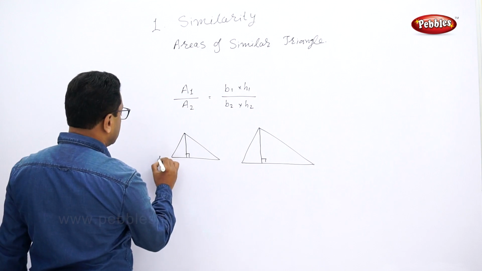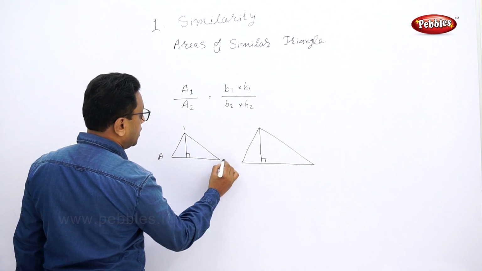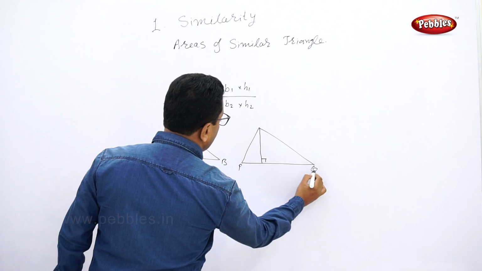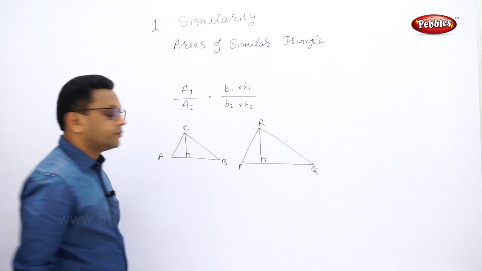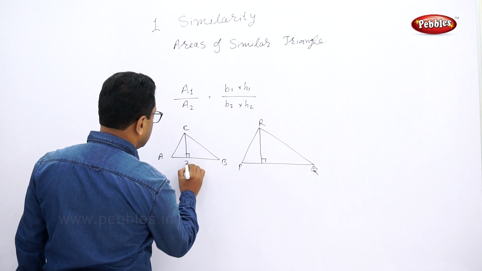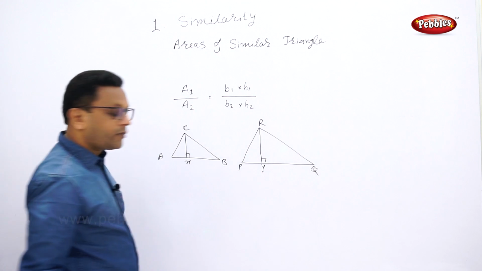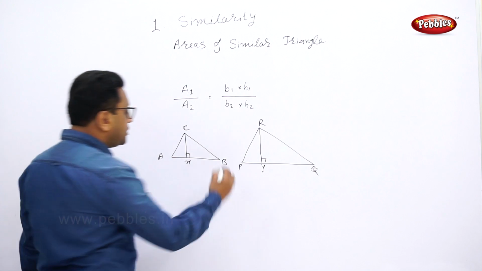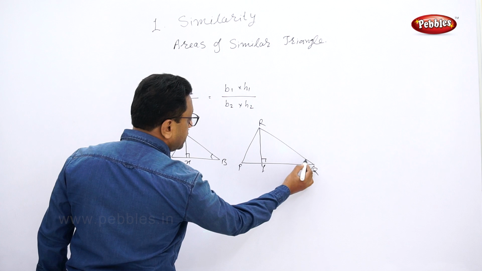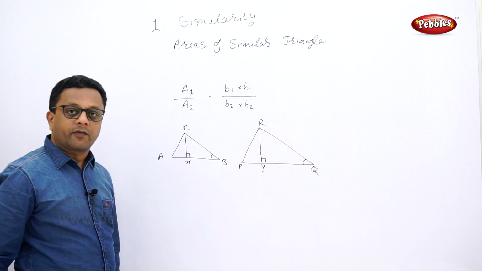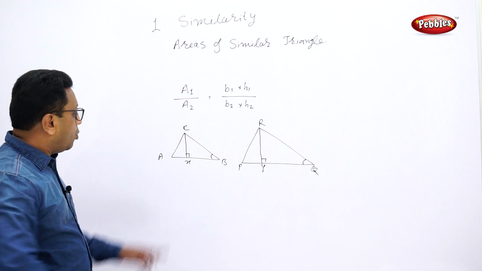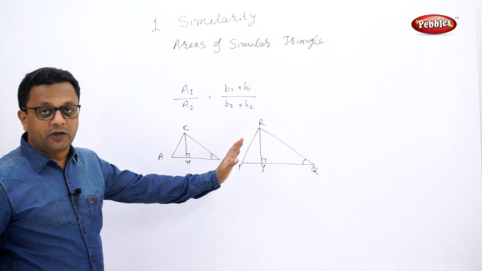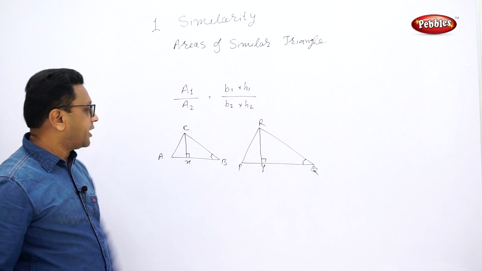Suppose I call this ABC and this PQR, and let these feet of the heights be X and Y. Now we know that these two triangles are similar triangles. That means this angle is equal to this angle, correct? Now we will consider only one part of the triangle, the right side part of both the triangles.